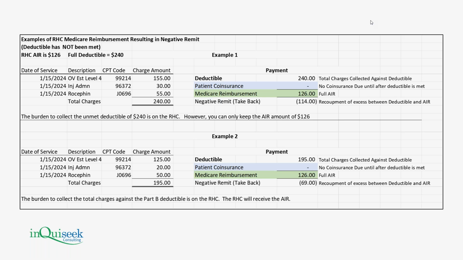But as you can see in the green line on the first example, we're assuming that we are an independent rural health clinic. We haven't gotten our new 2024 rate yet, so we're still going to use the 126 as the upper payment limit. And so Medicare is going to ask us to give them back $114 on this visit.